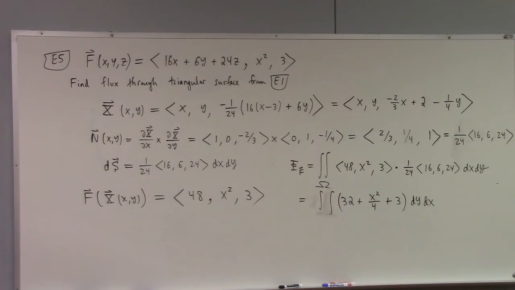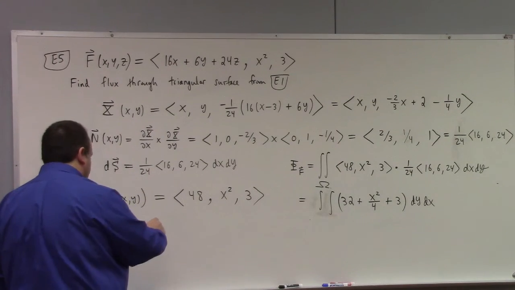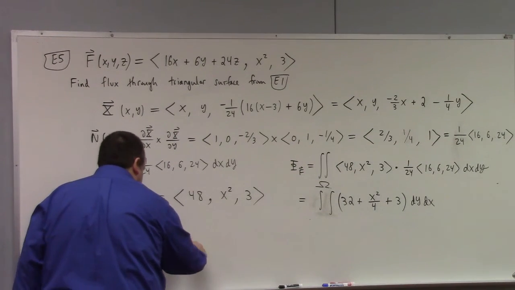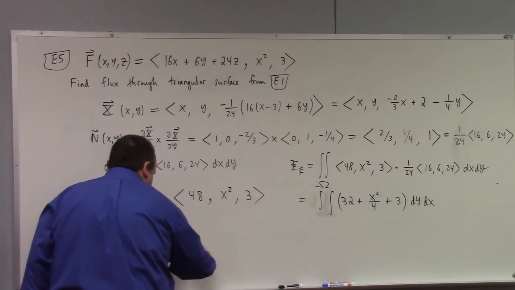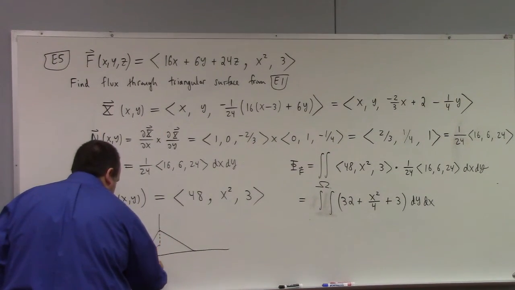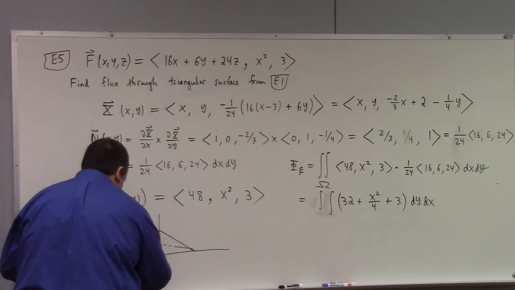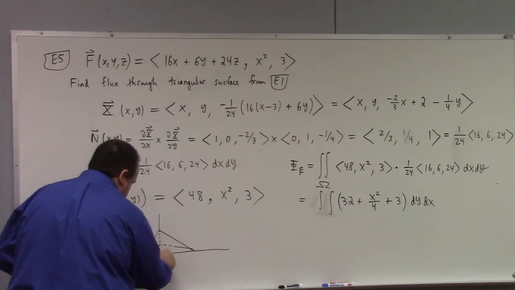Then what's left to do? How do we actually set up this flux integral here? This down here is the omega, right?